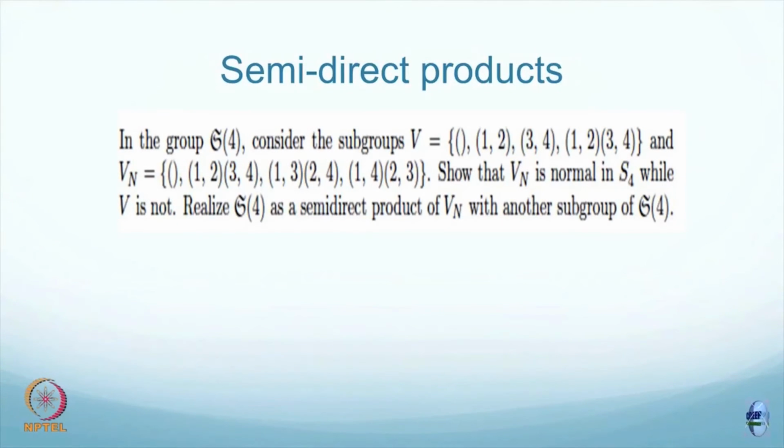That is the first thing, right. And then you figure out what are the elements which you can write. Other thing is it is a symmetric group of degree 4. It has even permutations and odd permutations. Vn has only even permutations.